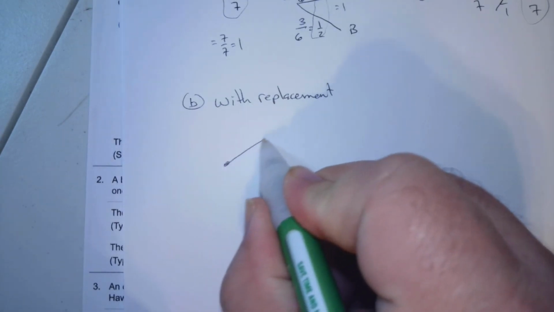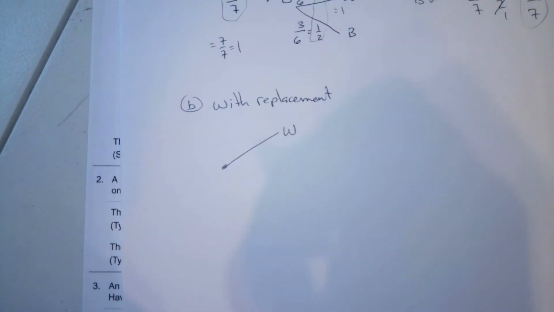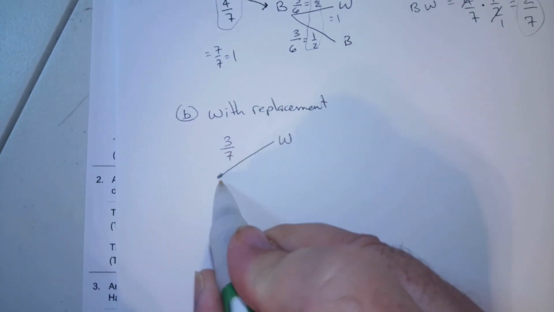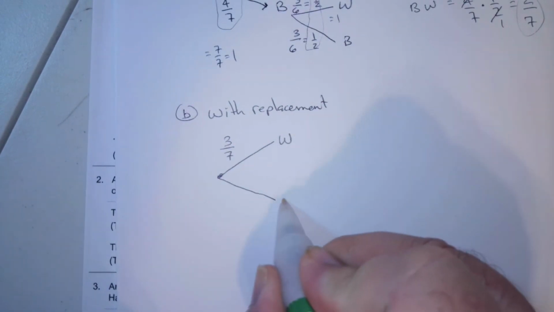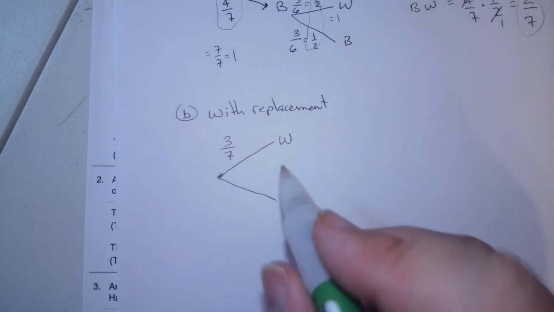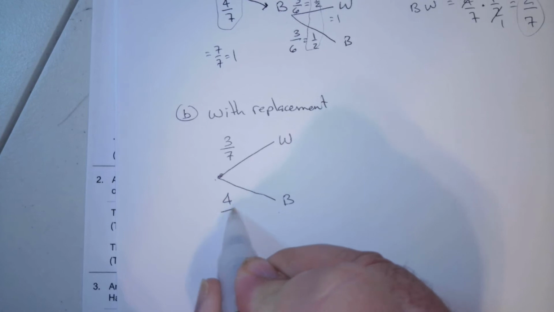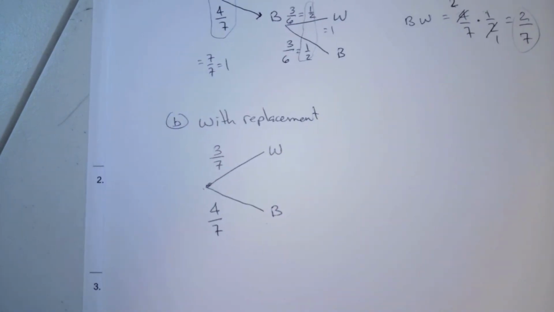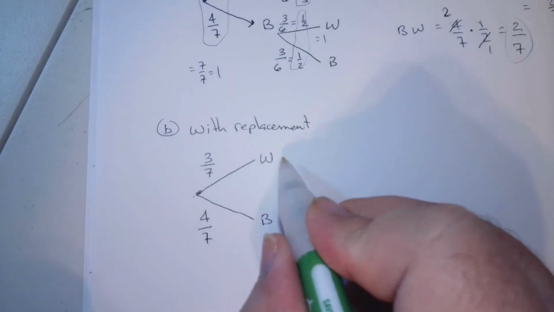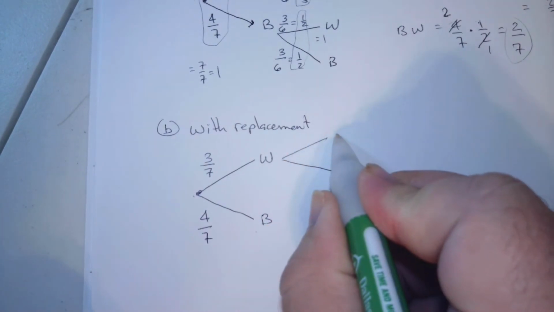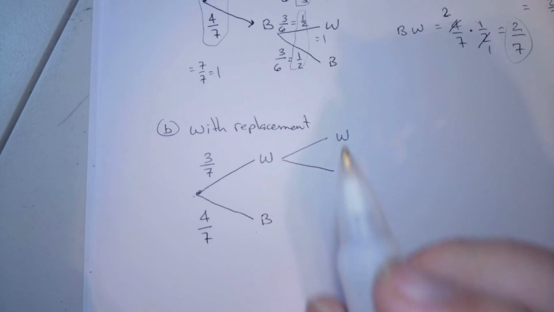From there, the first ball is drawn as white. Remember, we have 3 white out of 7 balls. If the first ball is black, there are 4 black balls out of 7. So that's the first event. We put the balls back. So now in the second draw, what's the probability of getting a white ball?